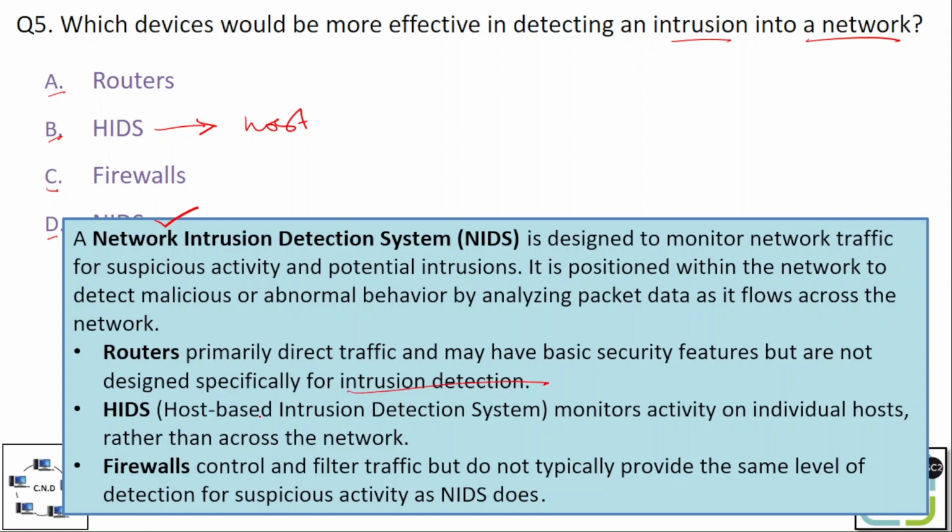Similarly, HIDS, host-based intrusion detection system, monitors activity on individual hosts rather than across the network. And firewalls control and filter traffic but do not typically provide the same level of detection for suspicious activity as NIDS does.